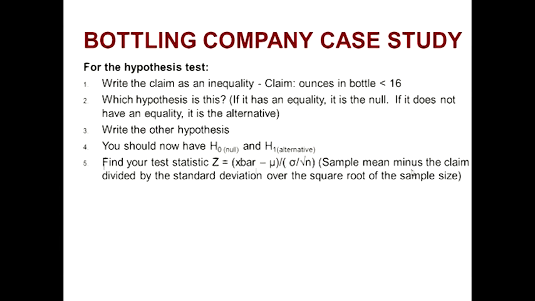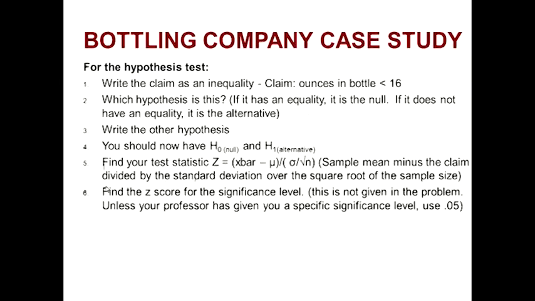So the sample mean minus the claim divided by the standard deviation over the square root of the sample size. These are just all the numbers that you got in the problem a little while ago.